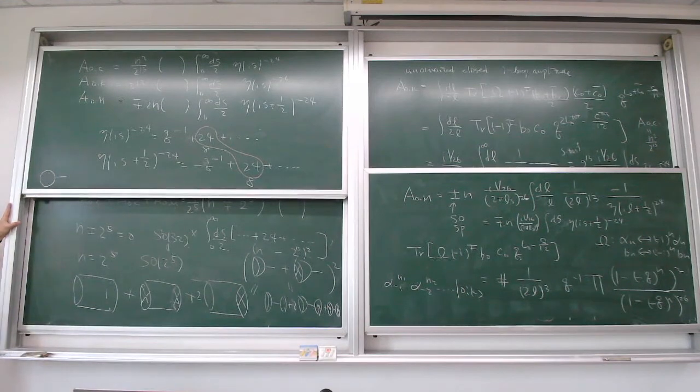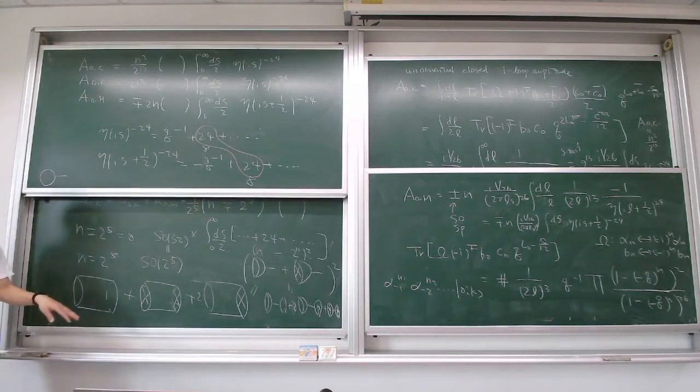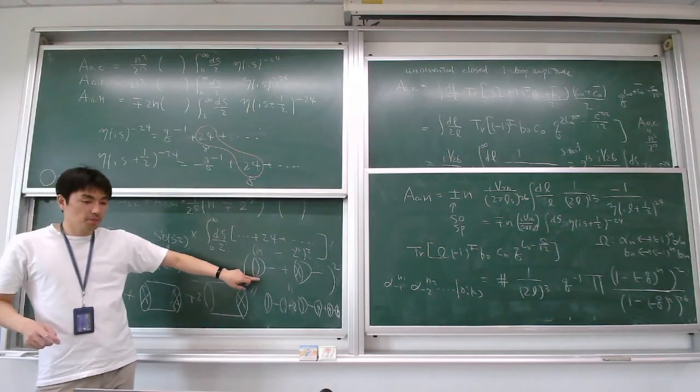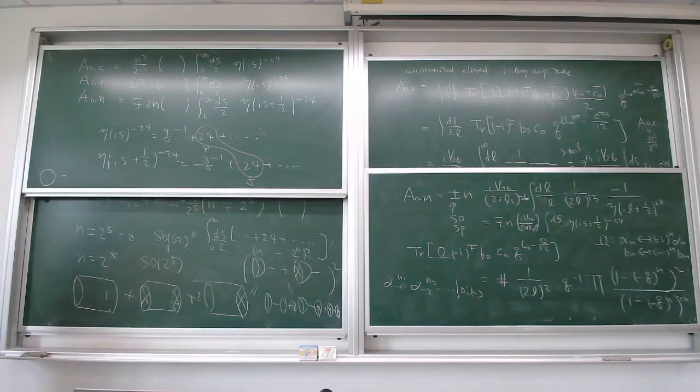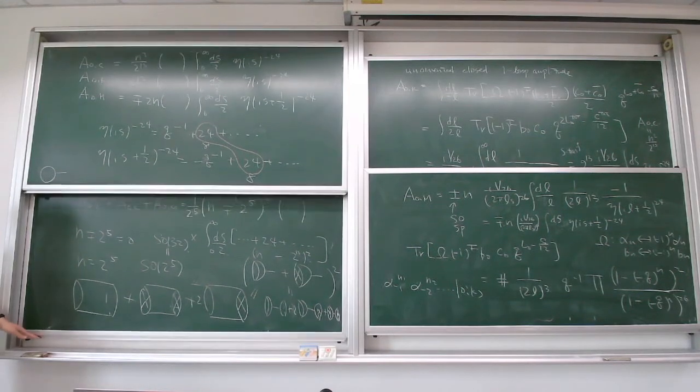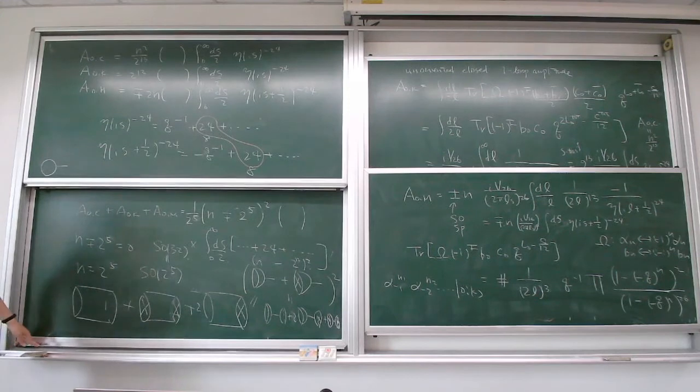So in quantum field theory, this guy and this guy correspond in superstring to this, which you can replace by this. So that's how the gauge group SO(32) arises.